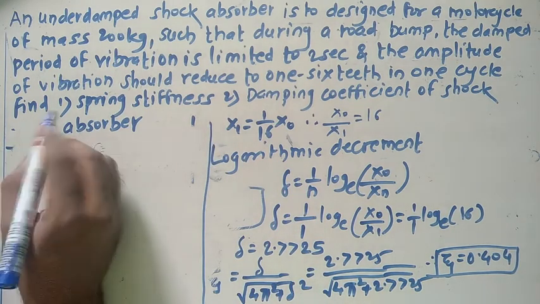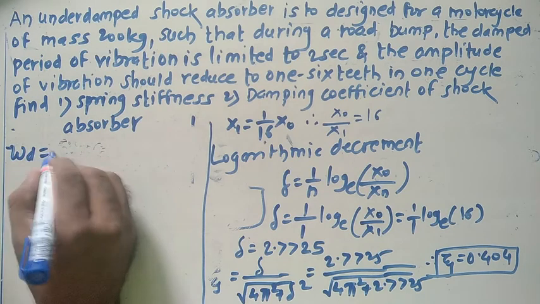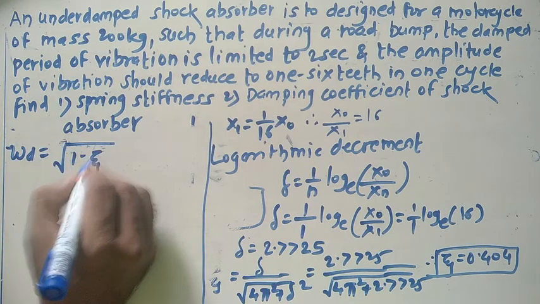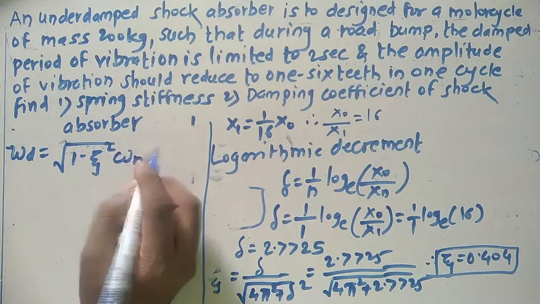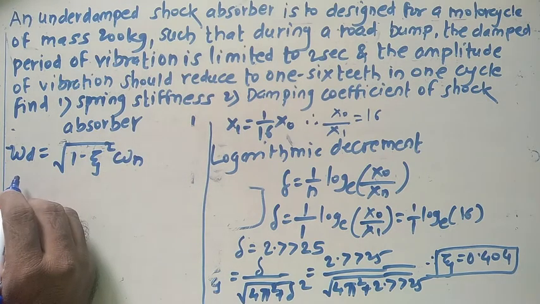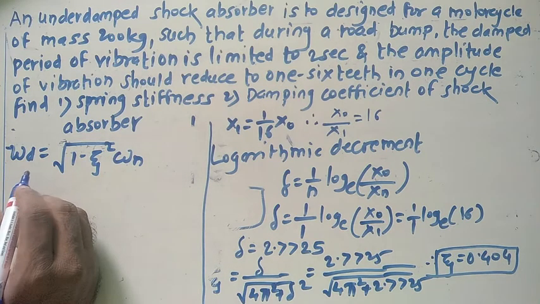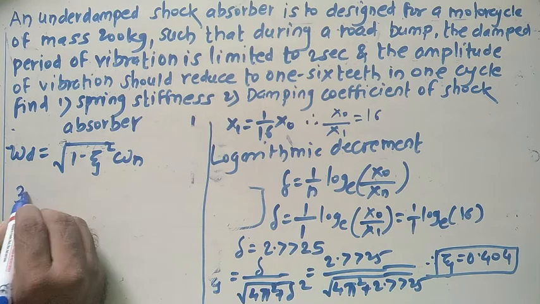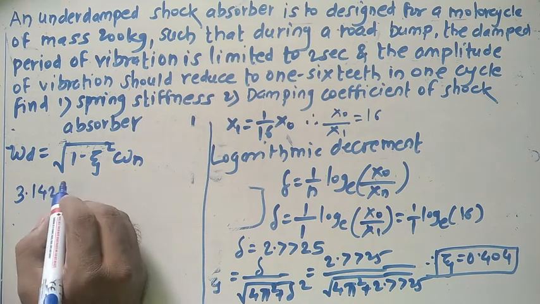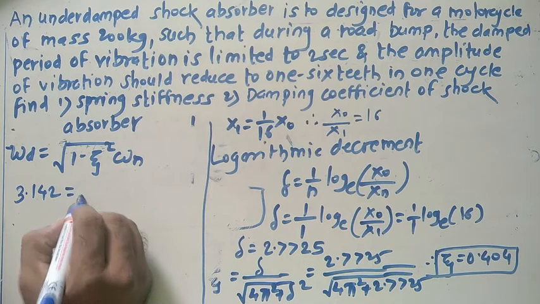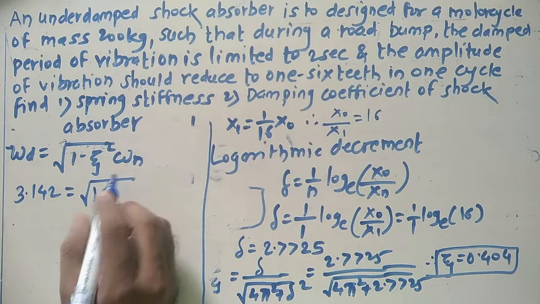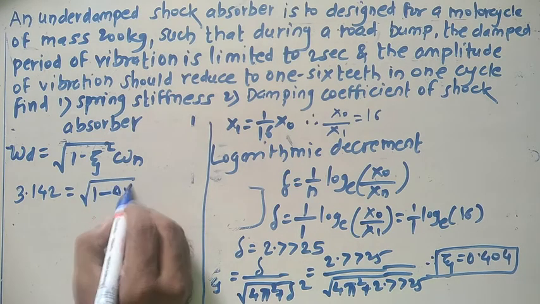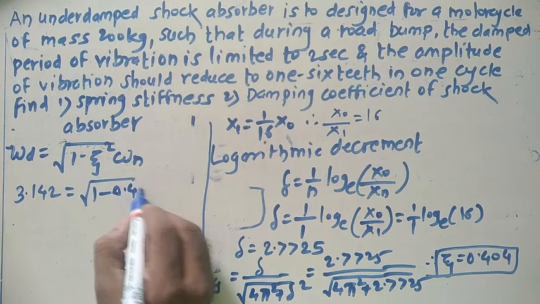So we know omega d equals square root of 1 minus zeta square into omega n. The value for omega d is already with us, 3.142. From this relation, zeta is also with us, 0.404.